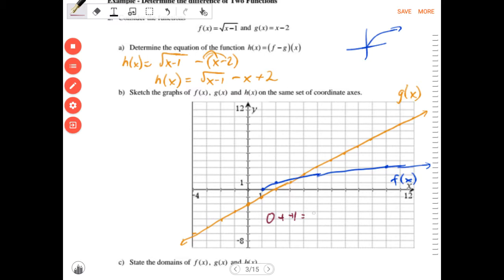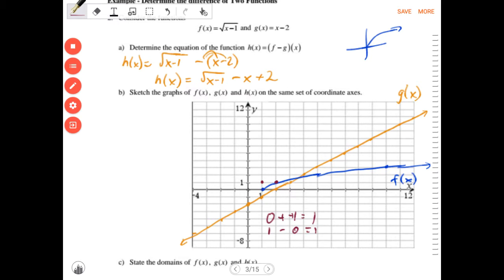Well, that's just positive 1. So our graph looks like that. Now here we have the f of x graph. Here f of x is 1, g of x is 0, so it's 1 minus 0, so that's also 1. So that graph looks like this.